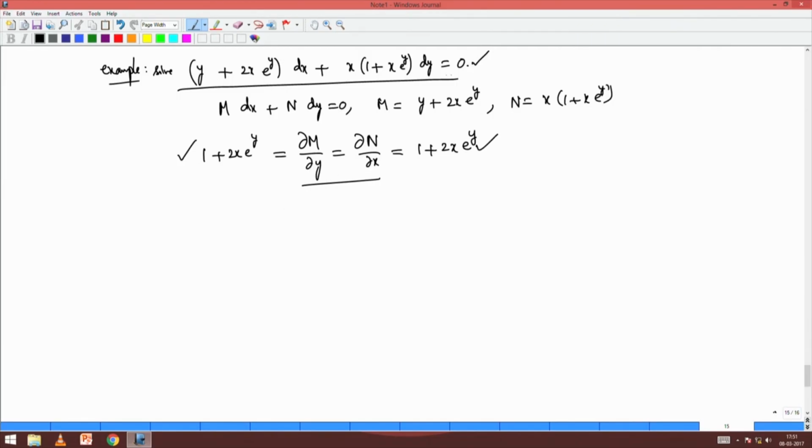That means the given differential equation is an exact equation. So, once you check this, the converse is true, so the given equation is an exact one.